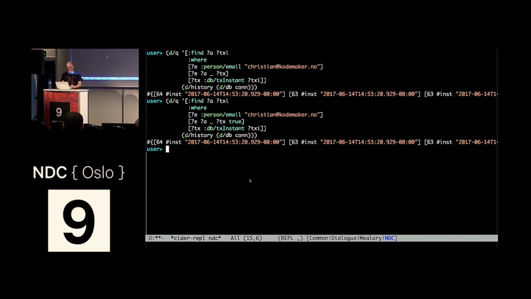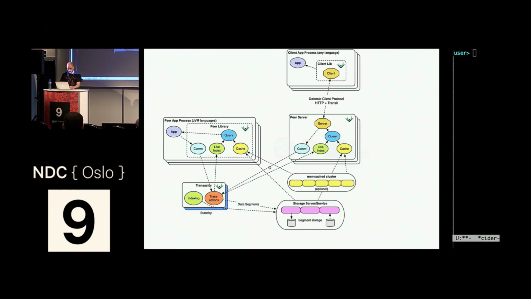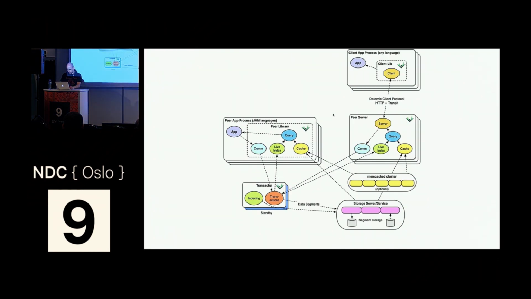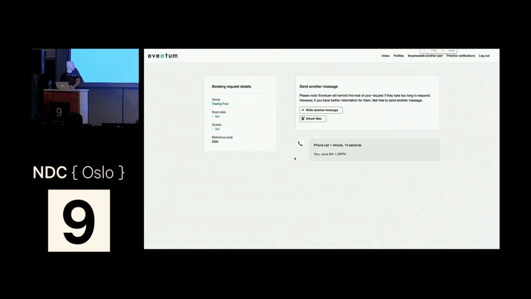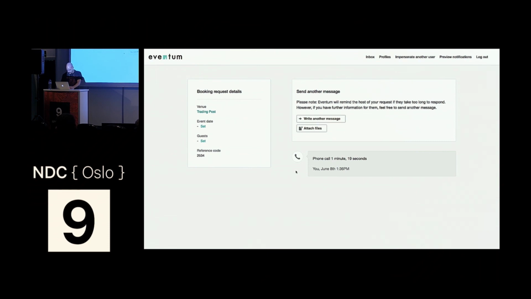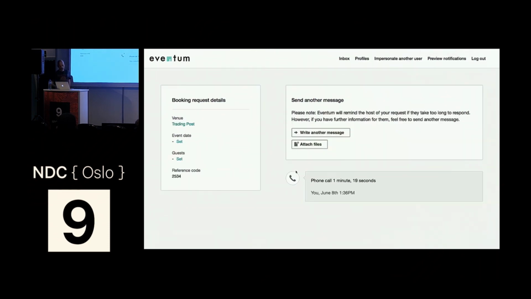Another, more interesting use of this is this example I will show you now. Okay, here. Can you see this? Okay, so this is from the application that we're working on. Eventum calls themselves the Airbnb of event spaces.